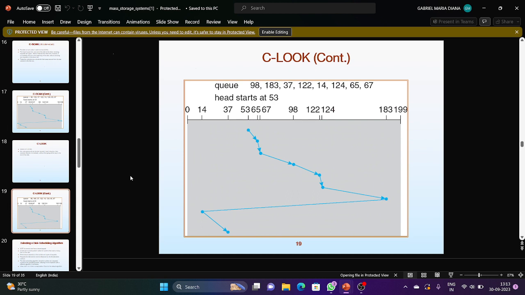Unlike C-SCAN, the read write head doesn't go to the last upper bound. Here it serves from 53, whatever process comes in between, from the lower bound to the upper bound, from 53 to 183.